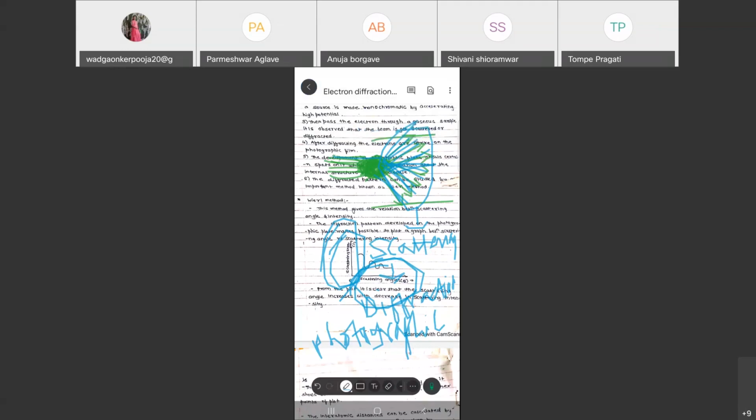So where I was: on scattering angle and scattering intensity.